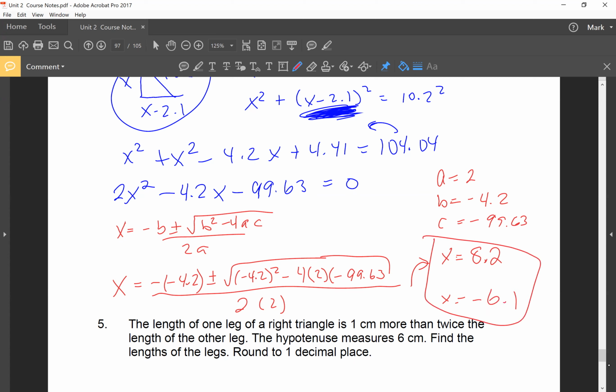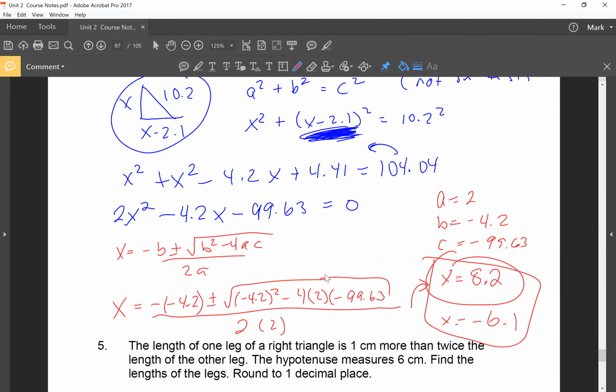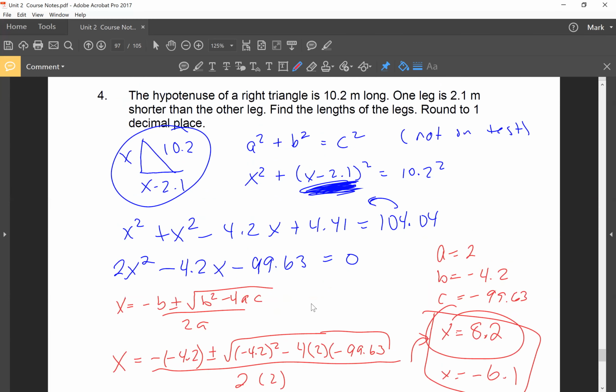So these are my answers, and the 8.2 would solve this question. The length of the leg here would be positive 8.2 because you can't have a negative length of something. It doesn't exist. So there you go. That is example number 4.